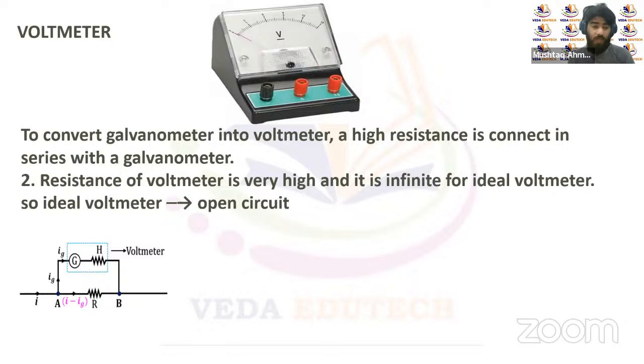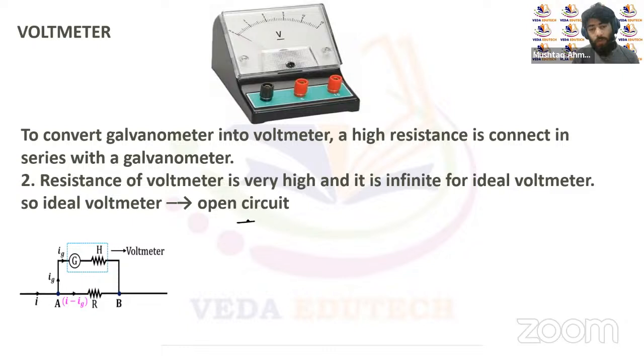So you can see the current I is flowing through this circuit. This is the main current I. Then the current Ig will be flowing through this galvanometer G, and H is the resistance that we have placed in series with this galvanometer.